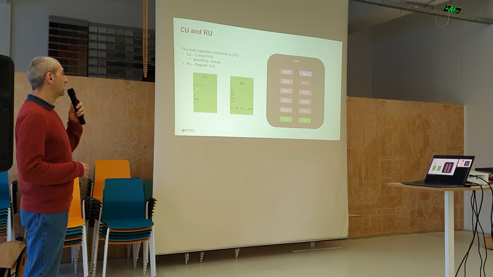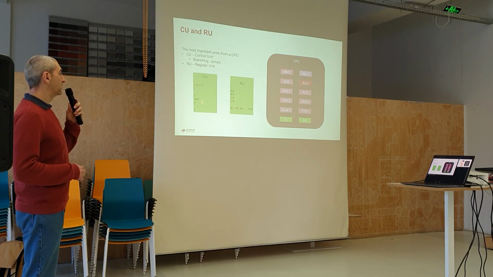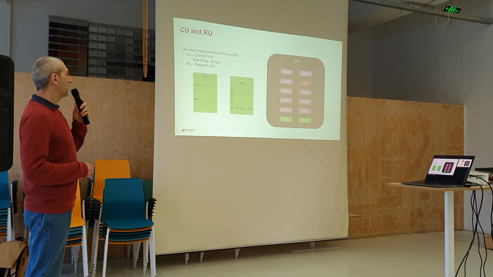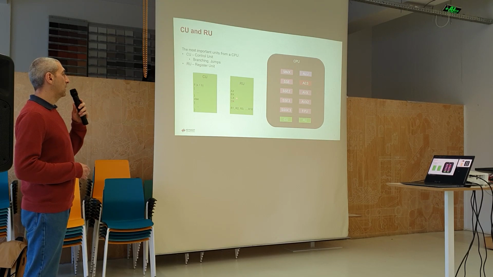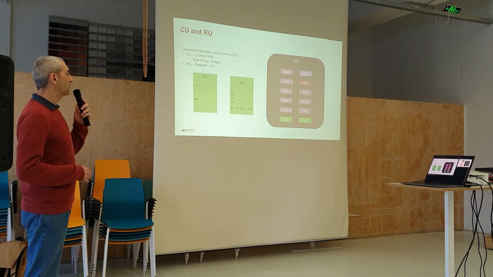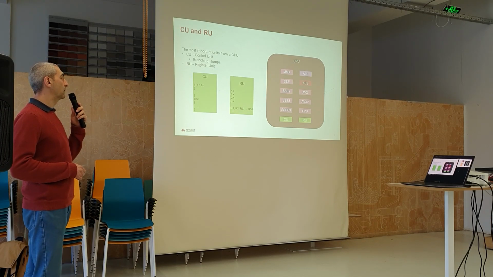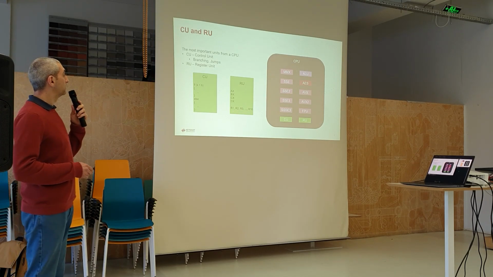For example, it might take the first branch or the else branch. As I mentioned here, it might be used for branching and jumps, whereas the register unit is simply the group of registers which are used by the program. AX register, BX, or for example on ARM registers we have from R1 to R16. So it's the register unit.